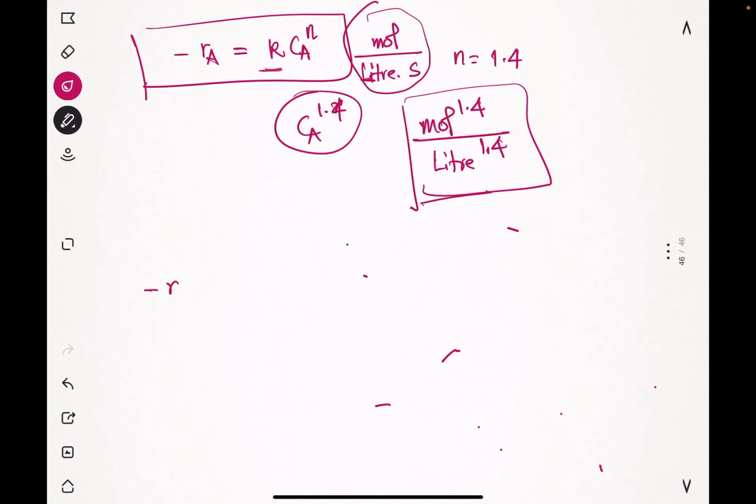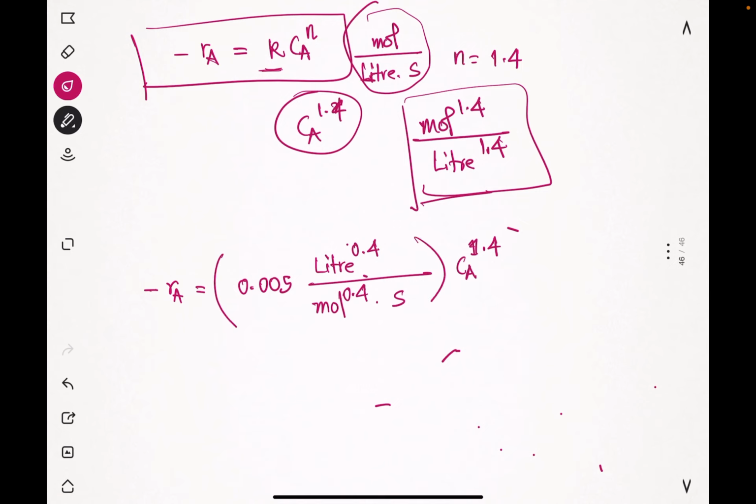So we can rewrite this expression as, this is our k, and this unit of k makes the unit of the entire equation mole per liter per second.